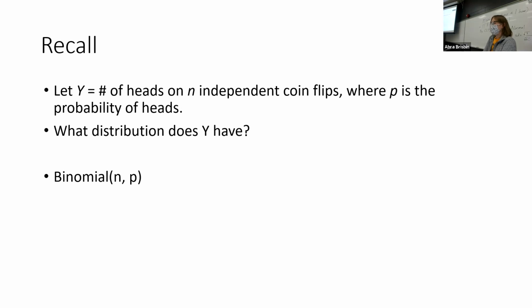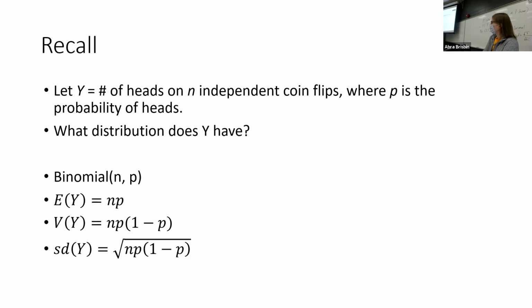So what is the mean of y going to be? n times p is the expected value of y, and the variance of y is n times p times 1 minus p. And then the standard deviation of y is the square root of the variance, just to make that explicit.